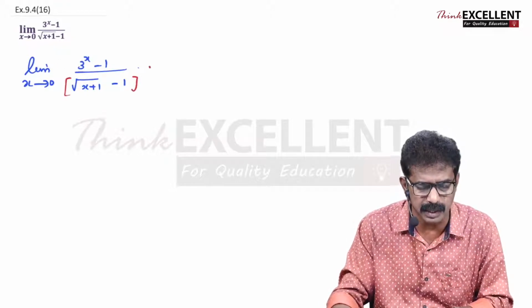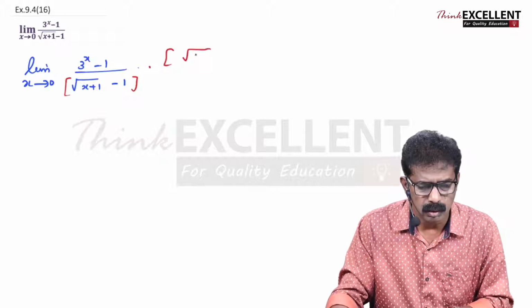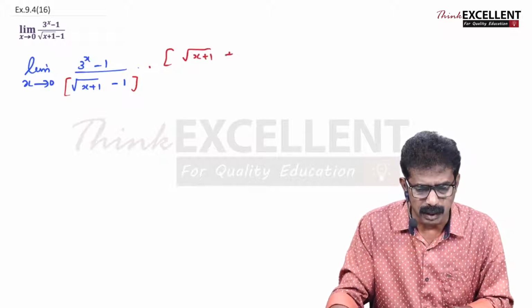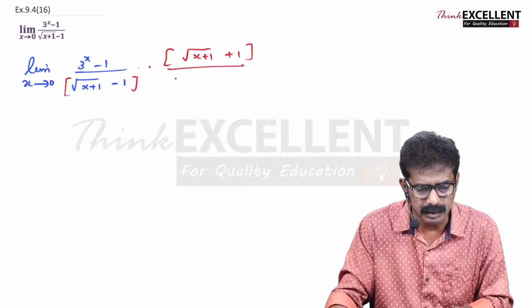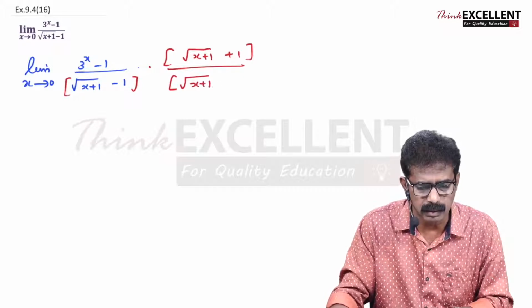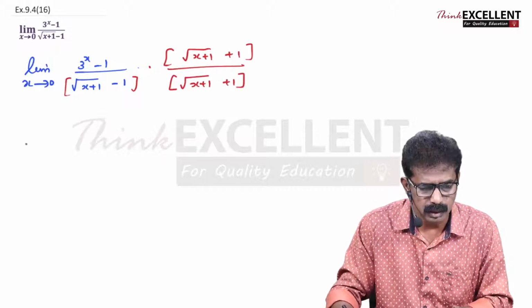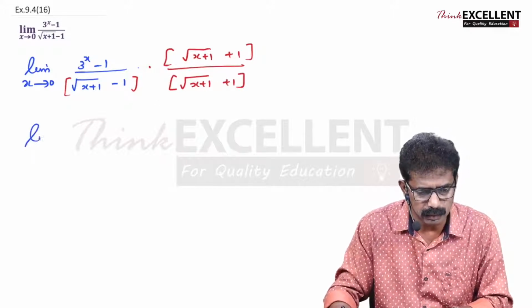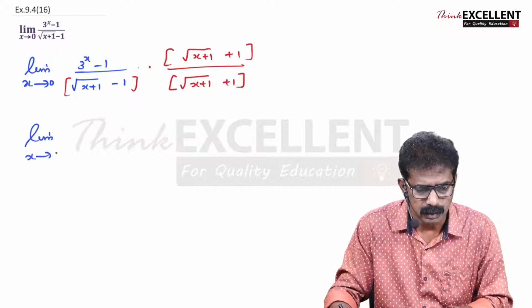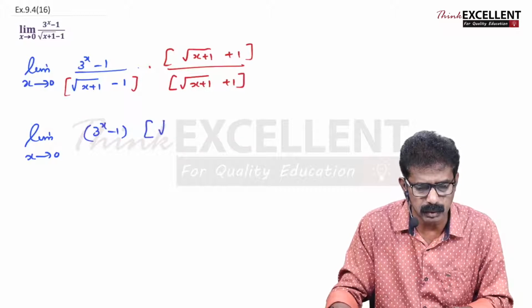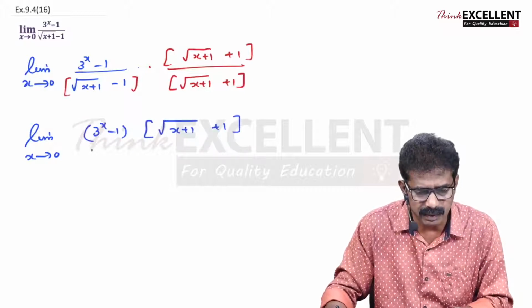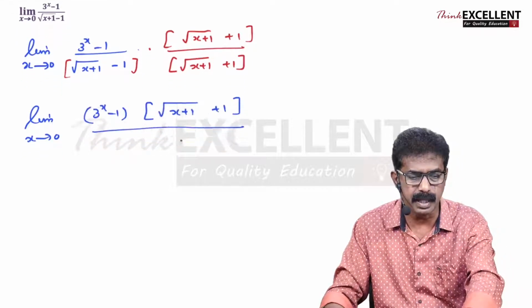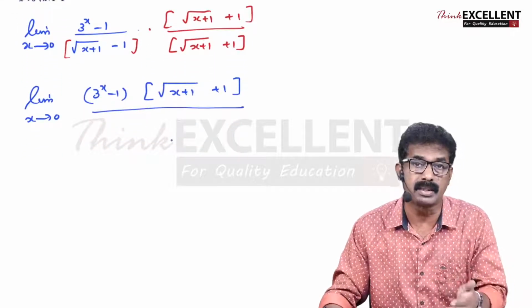So you multiply by root of x plus 1 plus 1, the same thing on top and bottom. So limit x tends to 0, numerator no change, 3 raised to x minus 1 into root of x plus 1 plus 1, divided by the denominator, which is of the type a minus b into a plus b, a square minus b square.